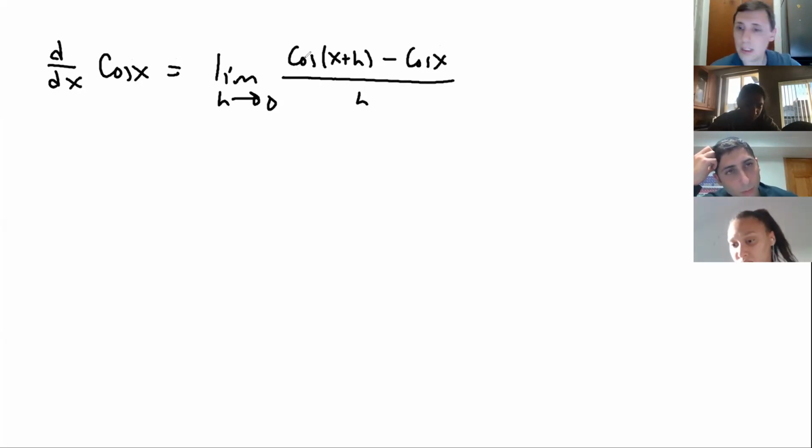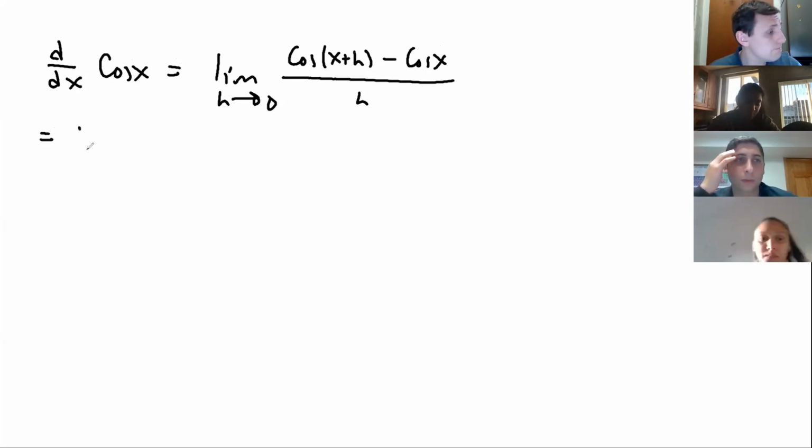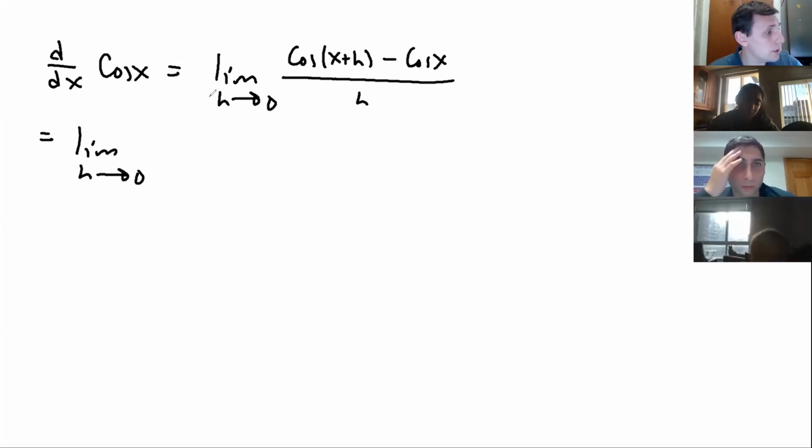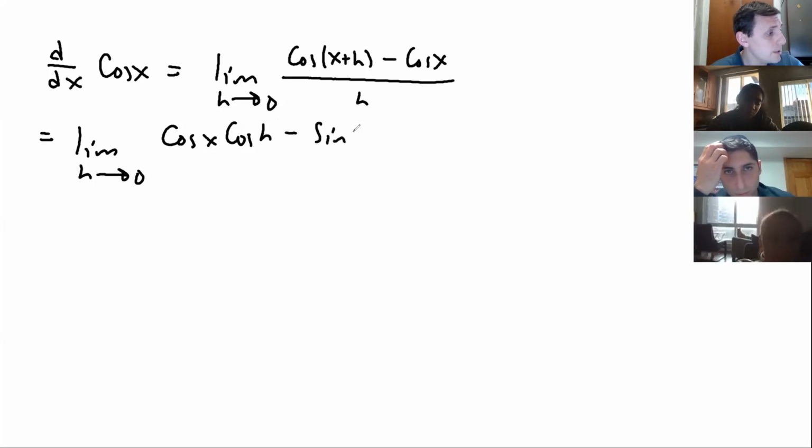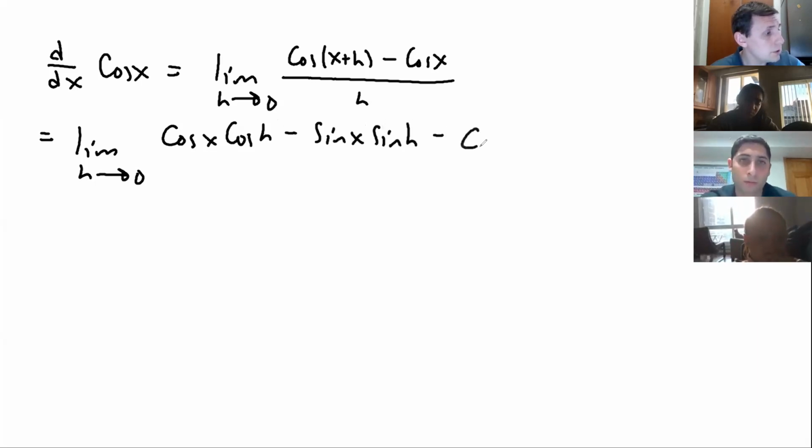And I can use the sum of angles formula for cosine. What does it do, guys? Cosine x cosine h minus sine x sine h minus cosine x, divided by h.